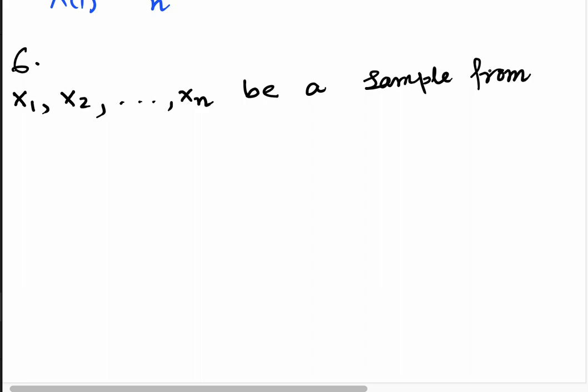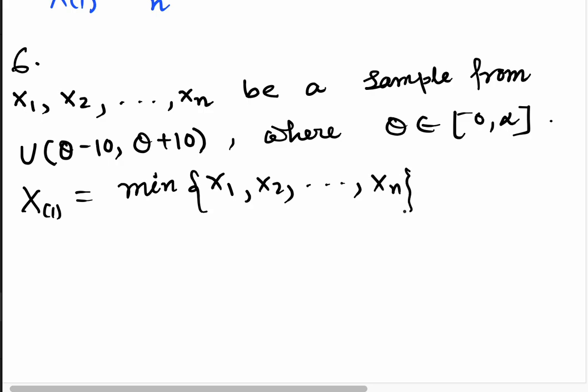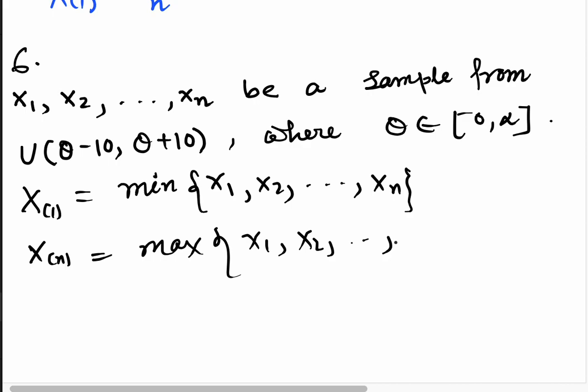Question number 6 is: let X1, X2, ..., Xn be a sample from U(θ − 10, θ + 10), where θ belongs to 0 to infinity, and X(1) is the minimum among X1, X2, ..., Xn, X(n) is the maximum among X1, X2, ..., Xn.